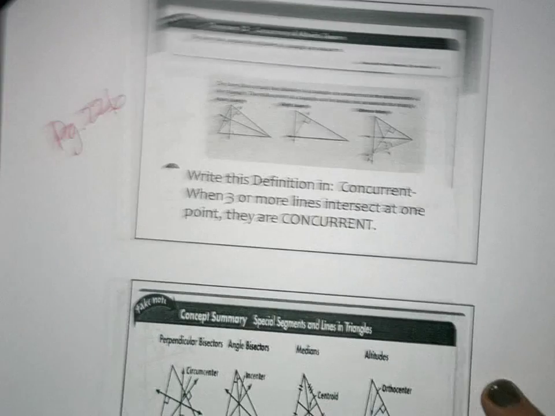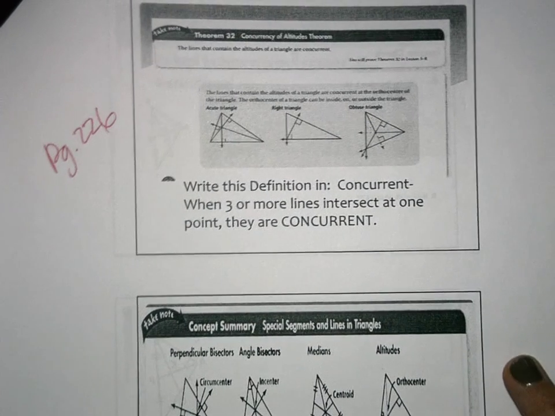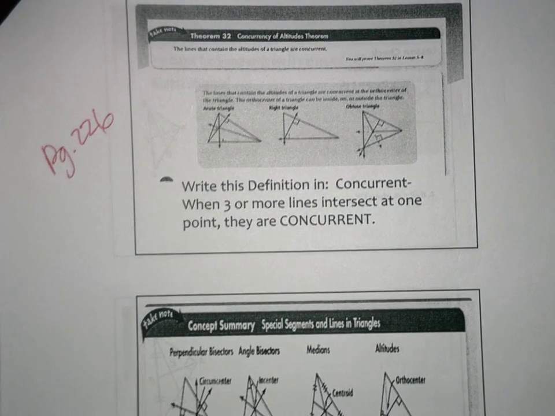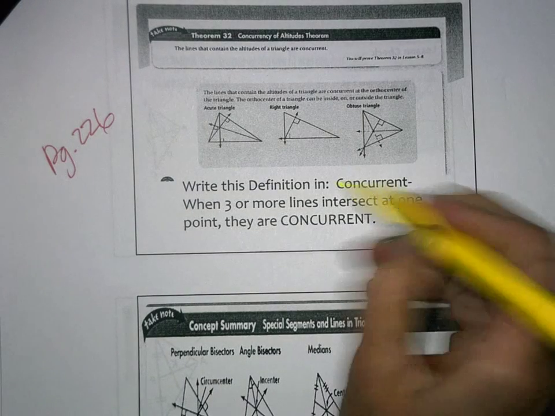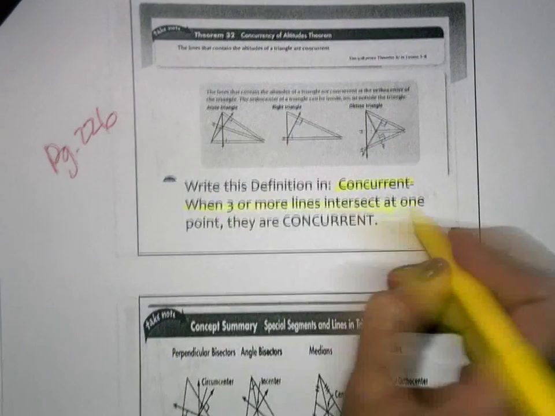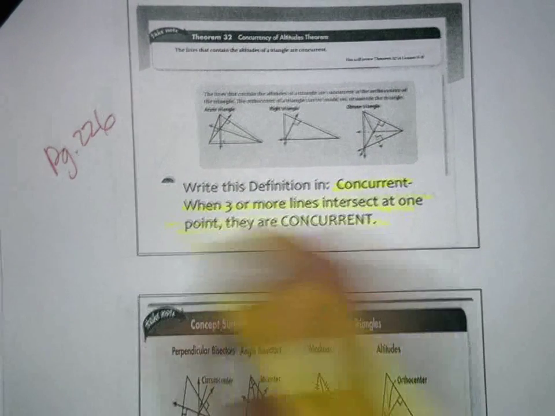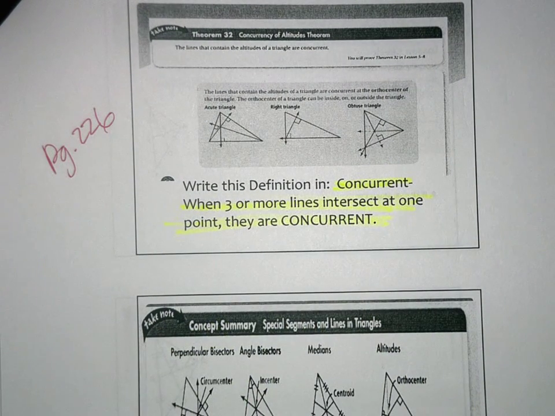You guys need to know this. I'd like you to write it somewhere on page 226. Concurrent is when three or more lines intersect at one point, they are concurrent. Okay?